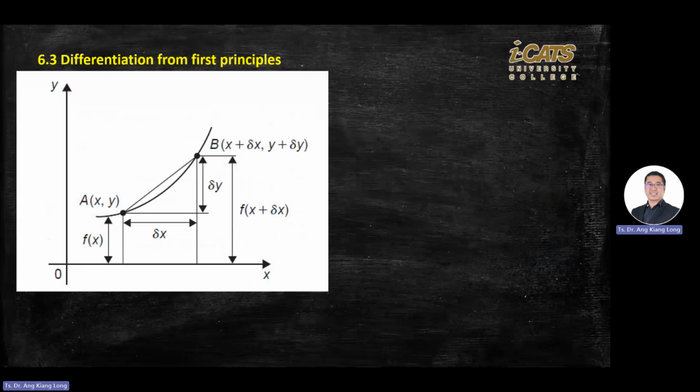The concept is still the same as the previous one, only you substitute the value inside the equation. So A and B are two points that are very close because they only differ by delta x and delta y. They are very close.